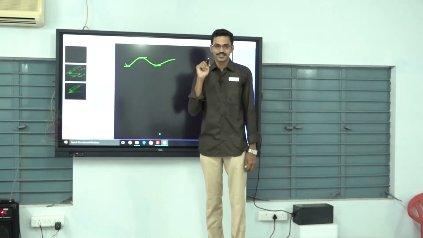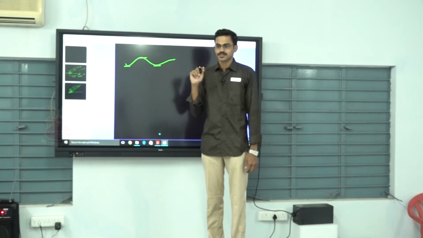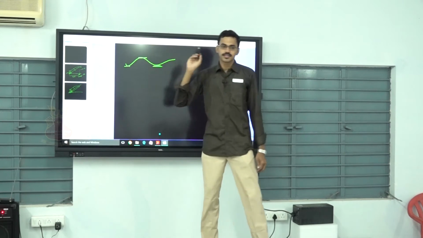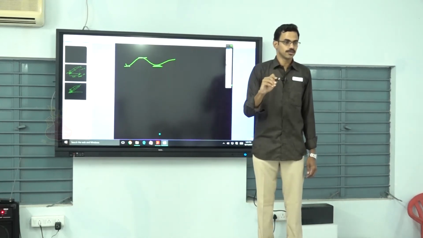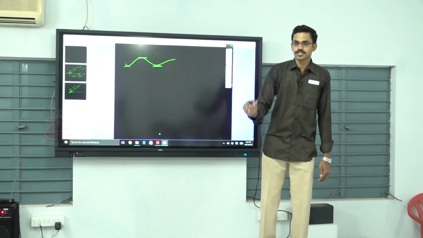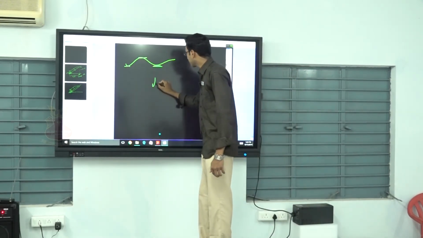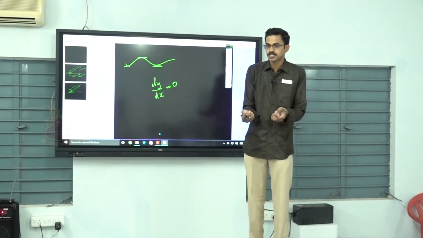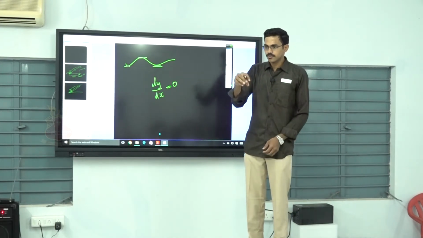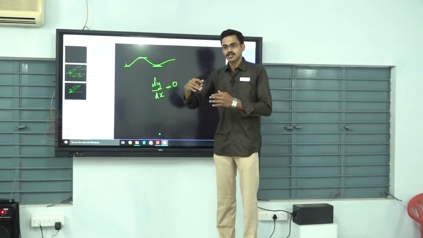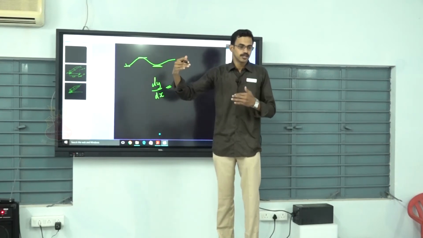Why do you calculate the first derivative? At that maximum and minimum point, the slope is 0. Then the first derivative should be 0. Okay, then we calculate dy by dx and equate this to 0 and find the roots or points, at which the curve attains either maximum or minimum.